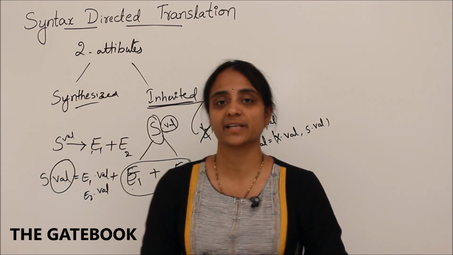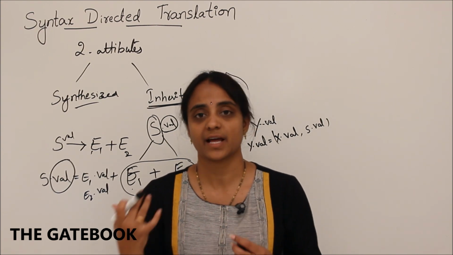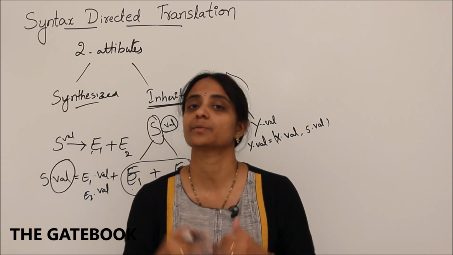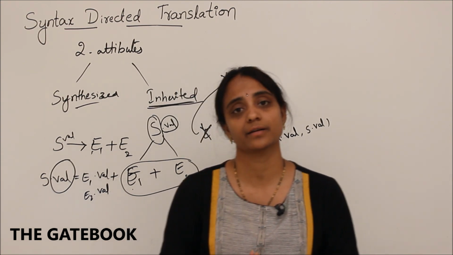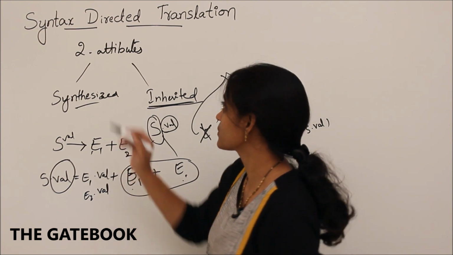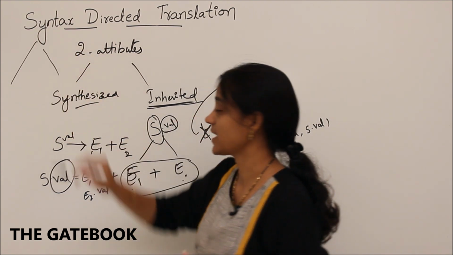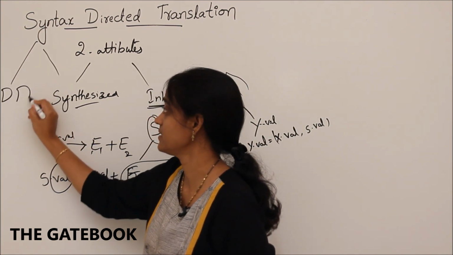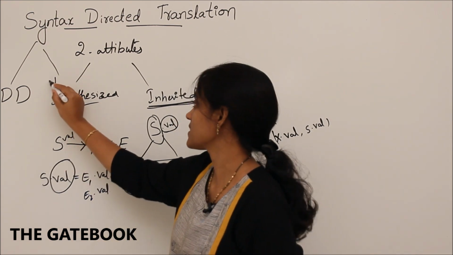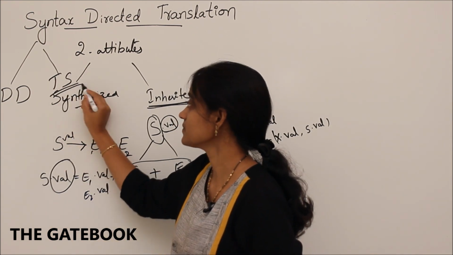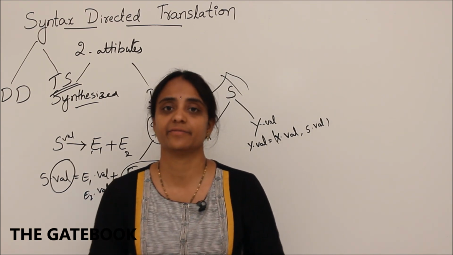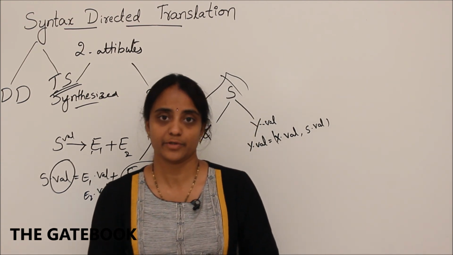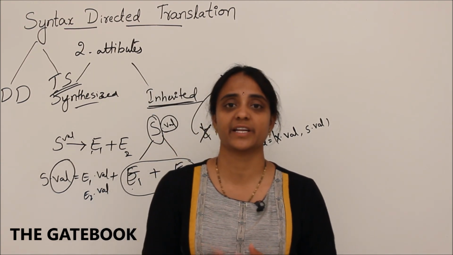Now coming back to syntax directed translation, these translation schemas will tell you how to compute a particular attribute for a given grammar. There are two kinds of syntax directed translation. One is the syntax directed definition and the other one is the translation schema. In syntax directed definitions, we just tell how to compute the attributes, but we do not tell any implementation details.